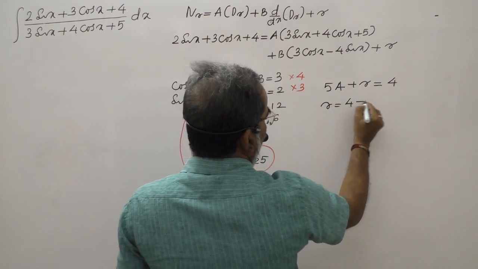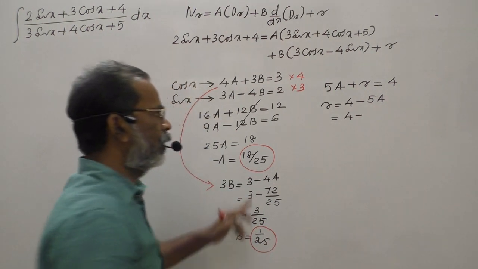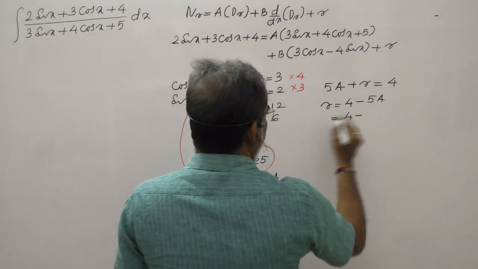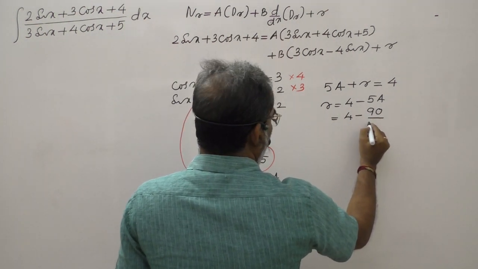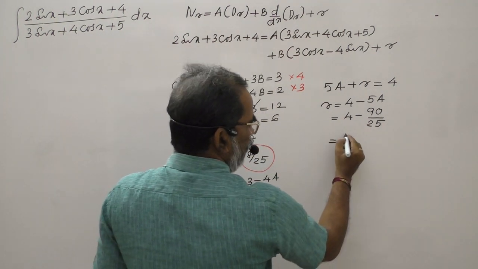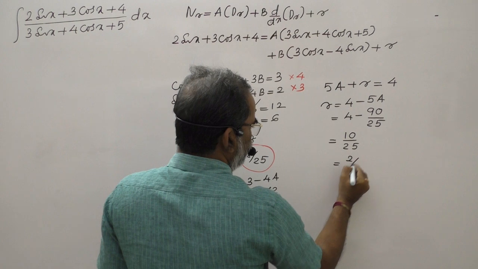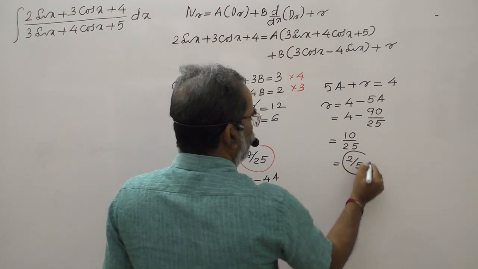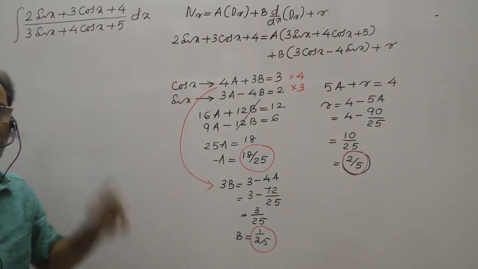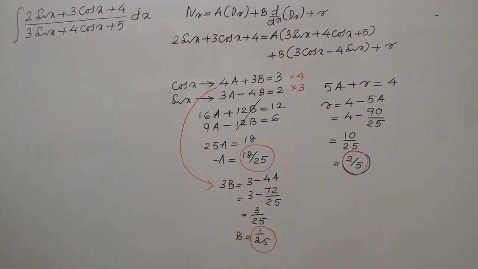Therefore, r is equal to 4 minus 5a, which is 4 minus 5 into 18 by 25. 5 into 18 is 90, so 100 minus 90, that is 10 by 25. 10 by 25 means it is 2 by 5. So this is the r value. So 3 values have come: 18 by 25, 1 by 25 and 2 by 5.